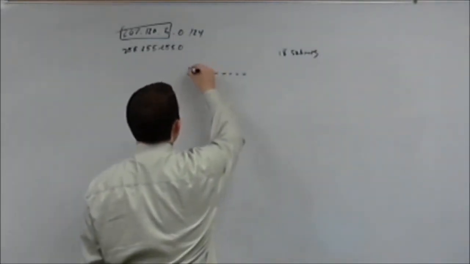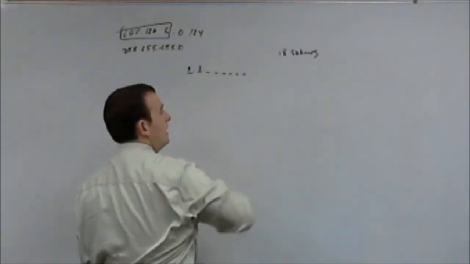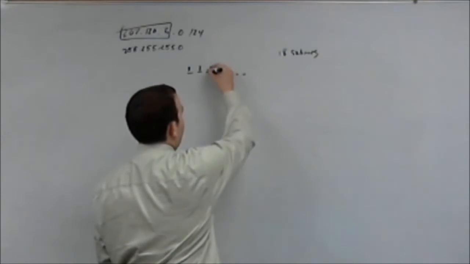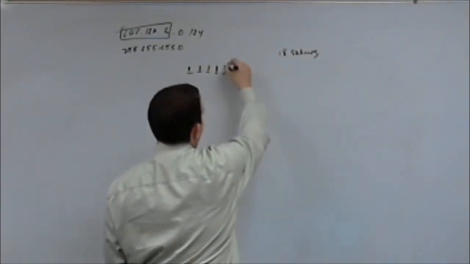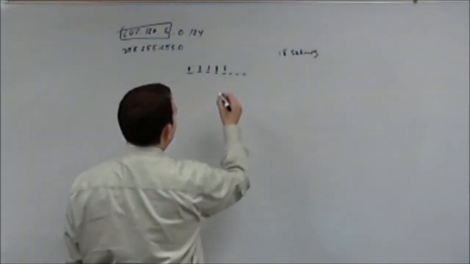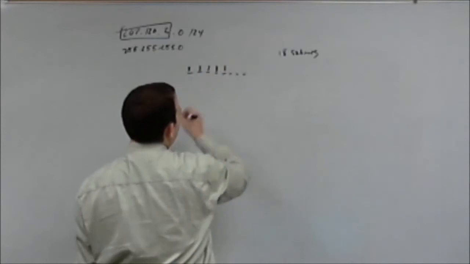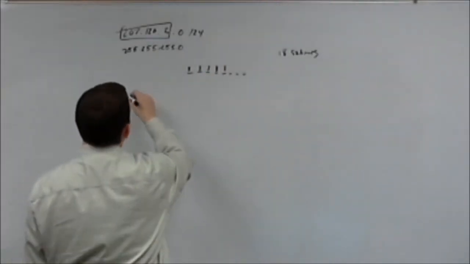Well, if we borrow 1, that means we get 2 subnets. If we borrow 2, it means we get 4. If we borrow 3, we get 8. If we borrow 4, we get 16. Not quite big enough. If we borrow 5, we get 32. So we have to borrow at least 5 bits to get a number big enough to have 18 subnets.